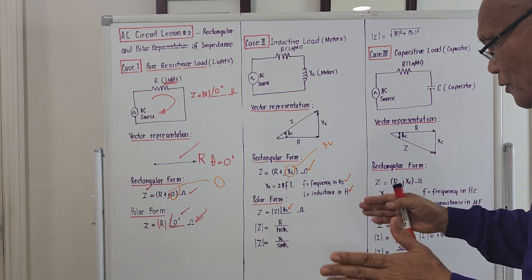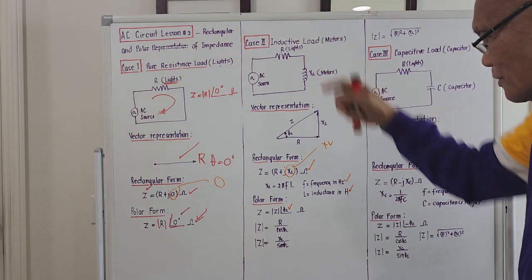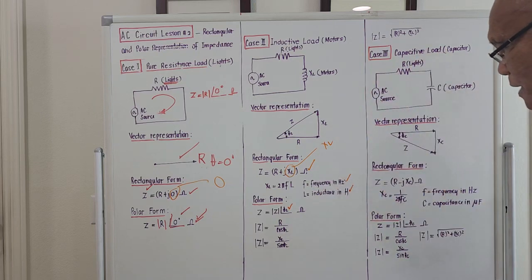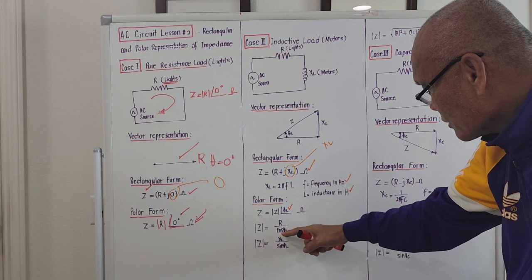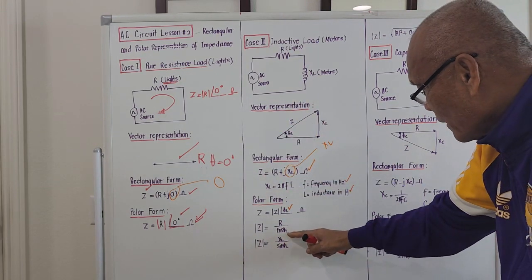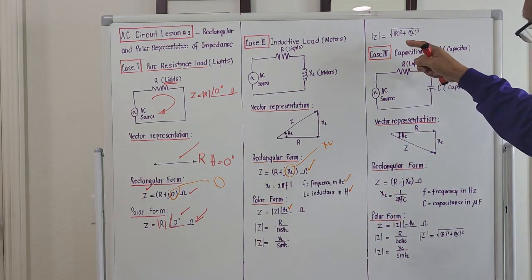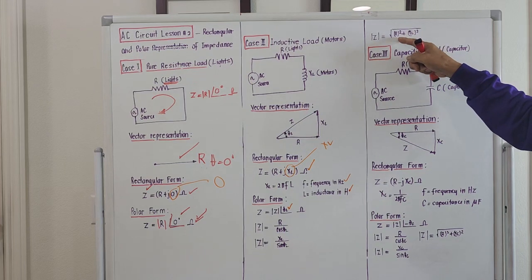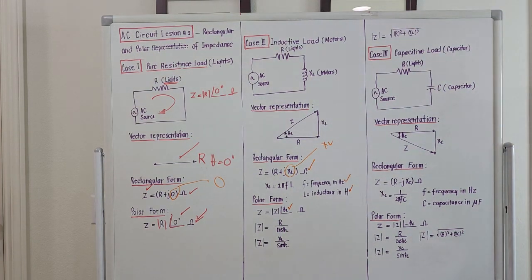There are three formulas on how to compute the magnitude of the impedance under case number 2. Formula number 1 is the absolute value of the impedance equals R over cosine of theta L, the next one is XL over sine of theta L, and the third one is the square root of the square of the resistance plus the square of the inductive reactance.